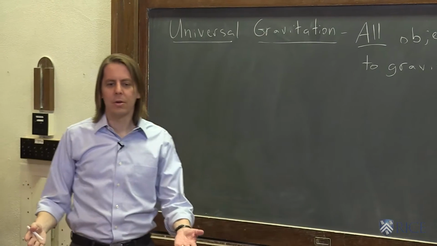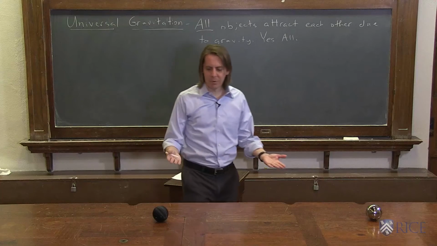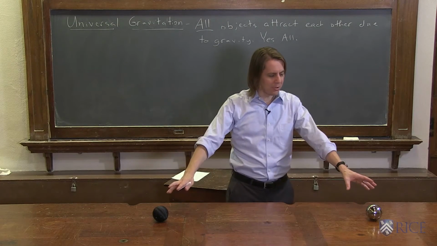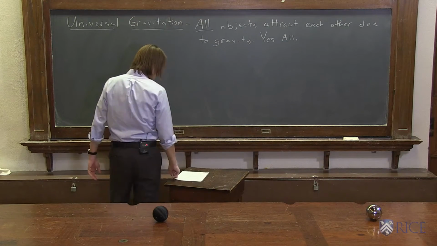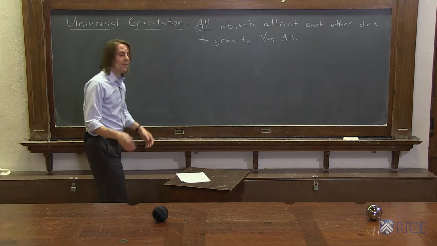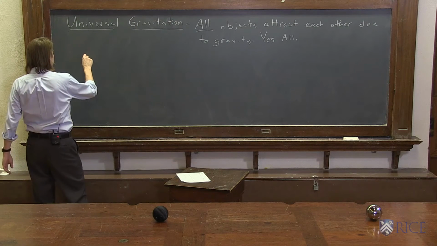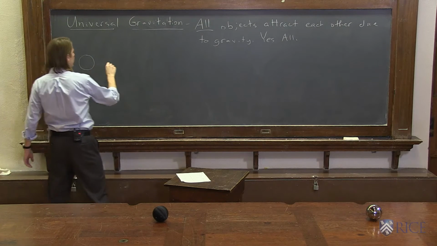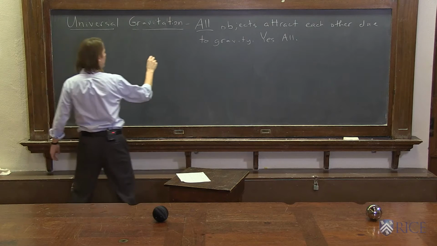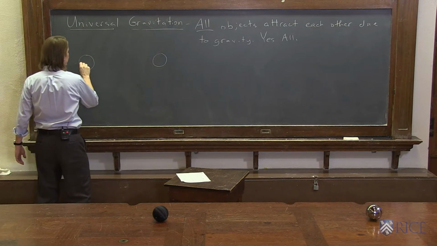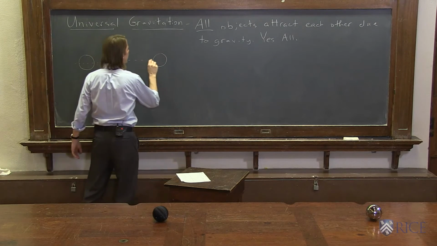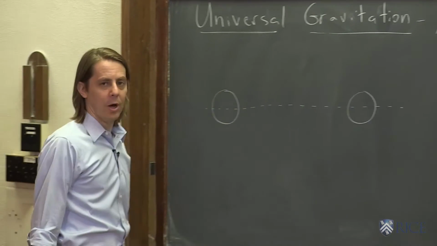Even here we have Hal and we have one of the plastics. I've got them a meter apart and they do feel an attractive force due to gravity. So let's calculate it. When you're calculating force between two objects, in this case, here is one, here's the other, you want to draw an axis between them, because you can always draw a straight line axis when you just have two objects.